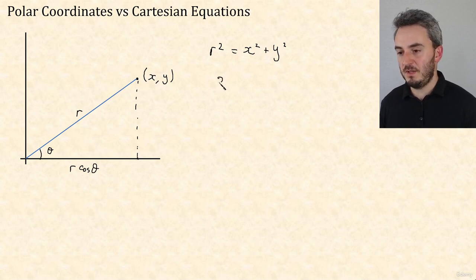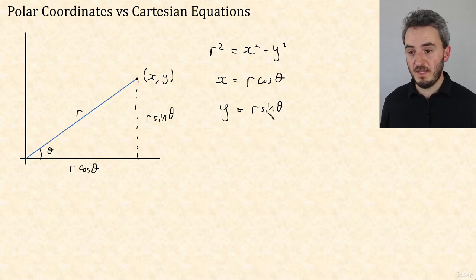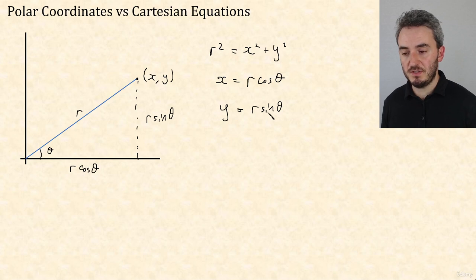So we also have that the x value is r cos theta. And similarly, the height here is r sine theta. So y is equal to r sine theta. So if we want to make that connection, we always have it. x is r cos theta, y is r sine theta, r squared is x squared plus y squared.